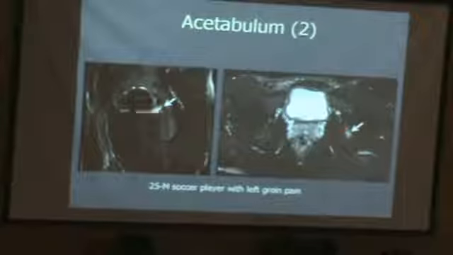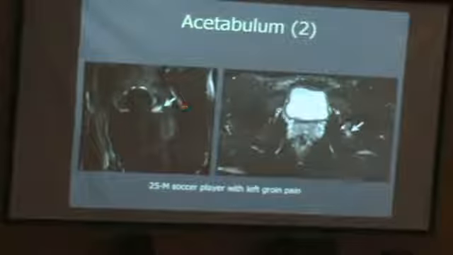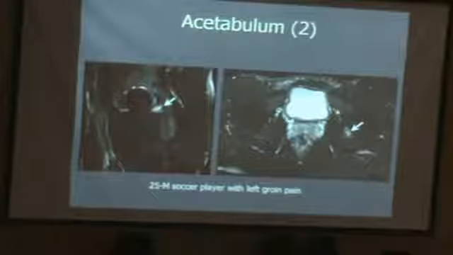You see here on these sagittal and axial images, the same hyperintensity on T2 without any fracture line, and that's of course what we call again a stress reaction. So it's still a stress reaction. We call it reaction, as I said, an MRI definition of course, a contusion to the bone without fracture.